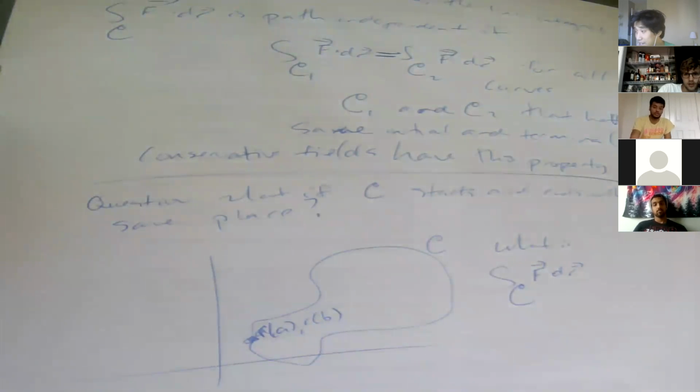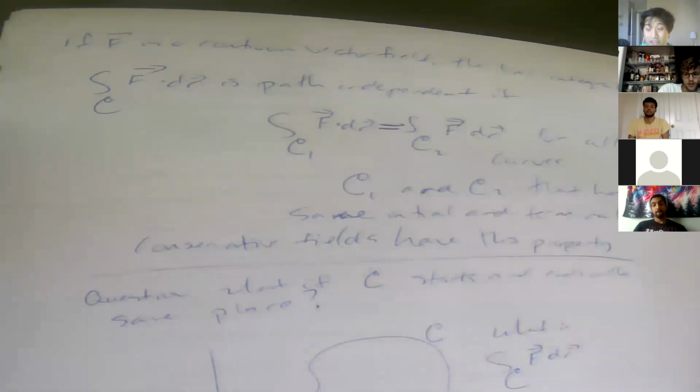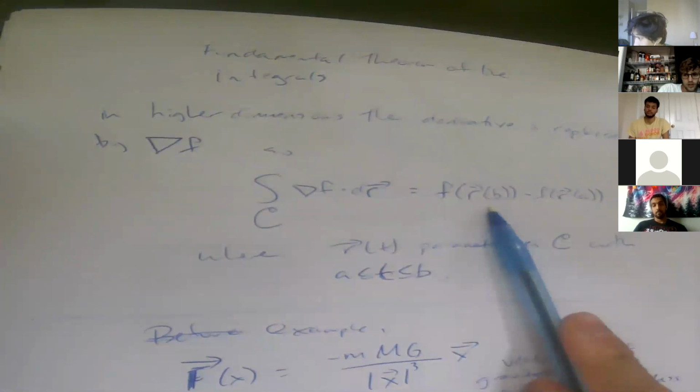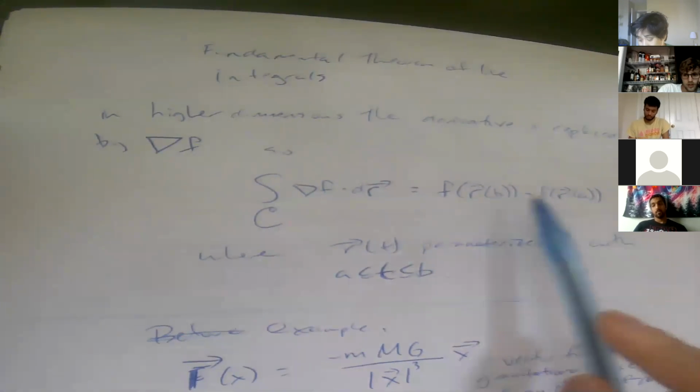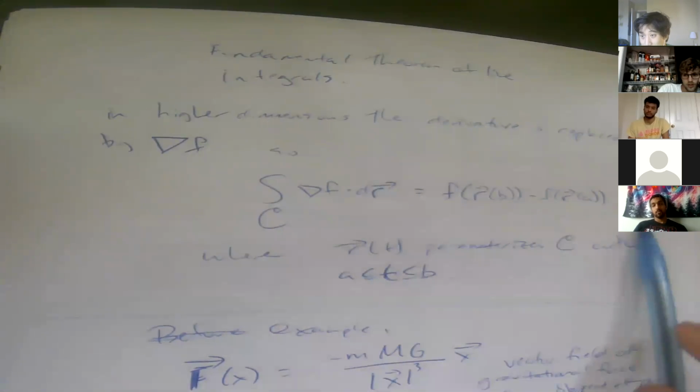I literally just said right here, it doesn't matter how I get there. All that matters is where I started and where I ended. If I start and end in the same place, I didn't go anywhere. The work done should be 0. That can also be described by this equation. If these two points are the same place, then this is 0, is it not?